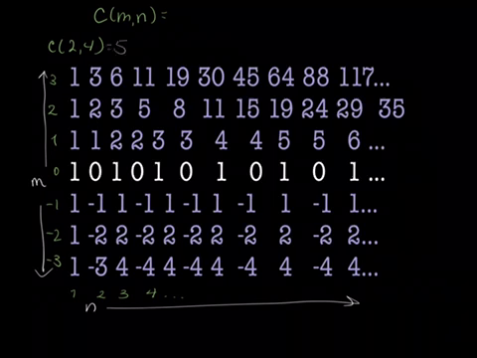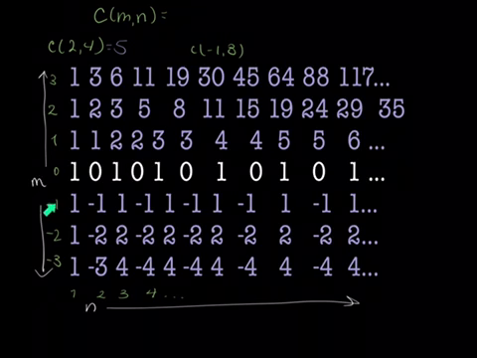Let's try one more example. Let's do C_{-1,8}. So how do we find that one? Well, we need to move to row -1, and the 8th position in row -1. So 1, 2, 3, 4, 5, 6, 7, 8. C_{-1,8} is equal to -1.